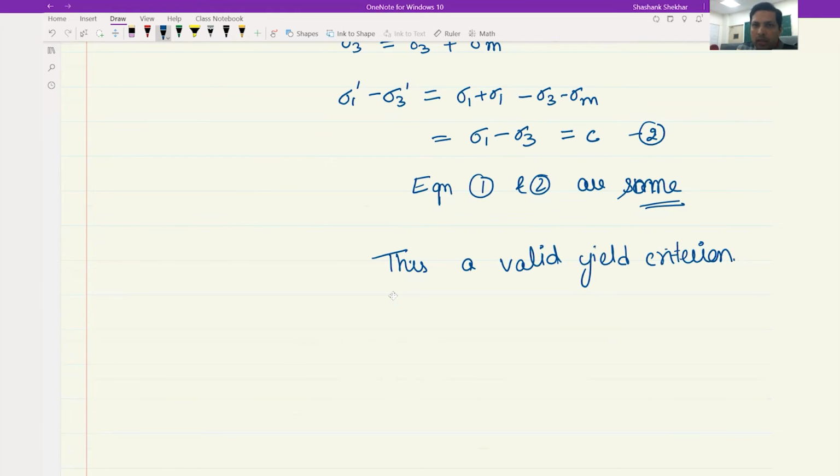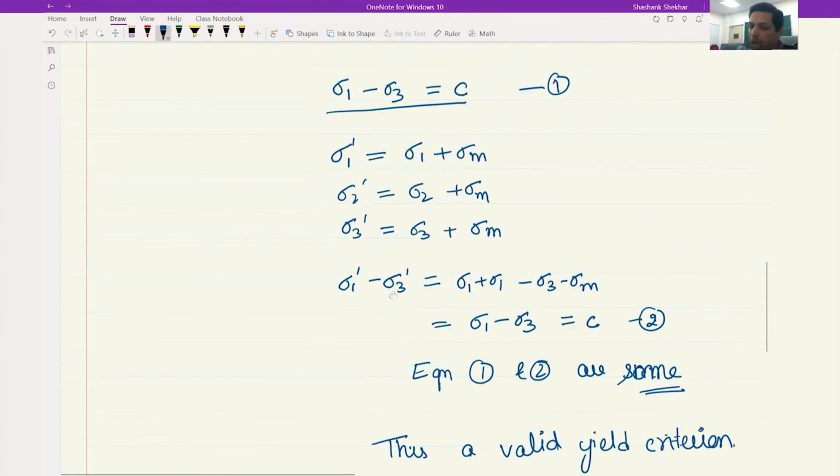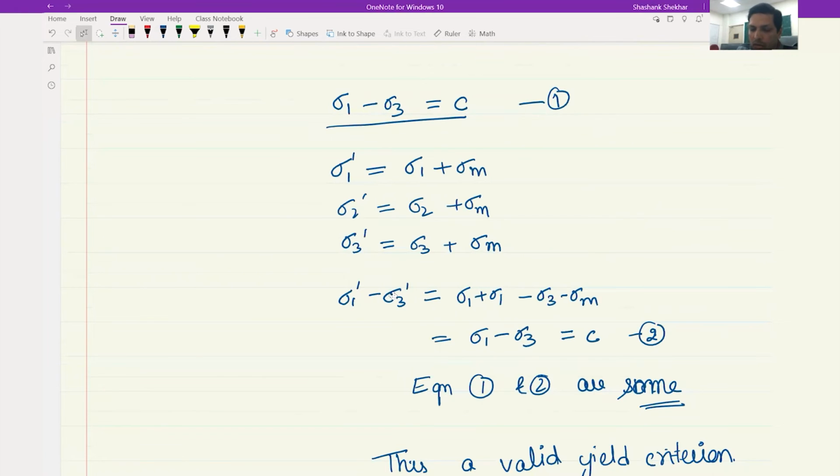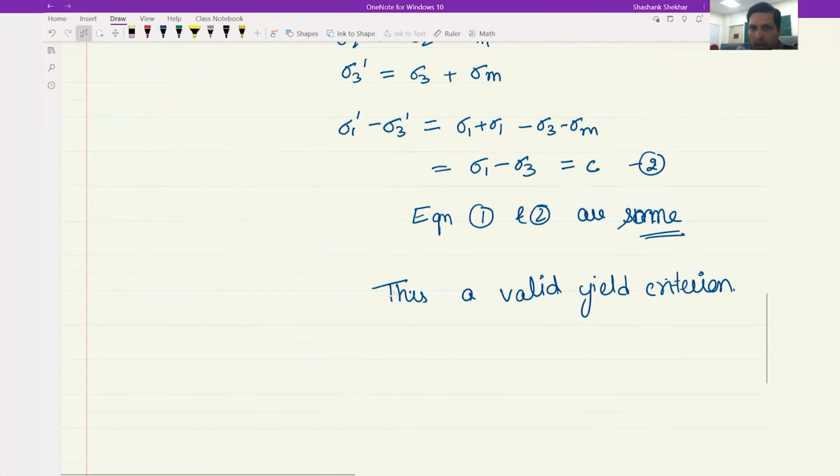So we will do just this much test to find out whether the criterion given to us is valid or not, and we clearly see that this is valid. For your exercise, you can try this also on the von Mises criterion, and I can tell you beforehand that you would find that the von Mises is also a valid criterion.